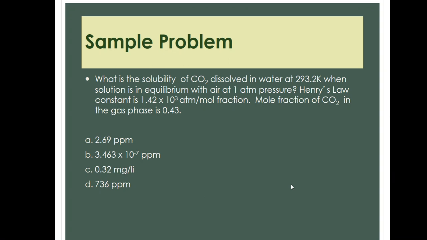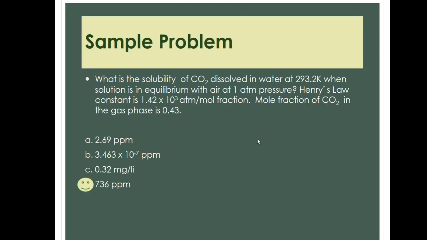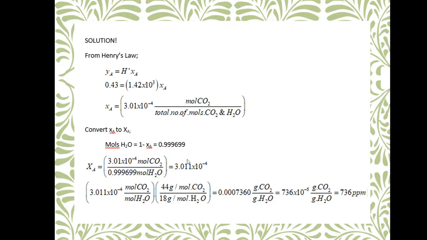So, a very simple formula was used, but the manner in which the problem is phrased allows you to recall other concepts learned in your basic chemistry classes as to how we're going to convert from mole fraction to parts per million. And this particular problem is a board problem, by the way. So that's how you're going to solve it, applying that particular formula that is found in your handbook.